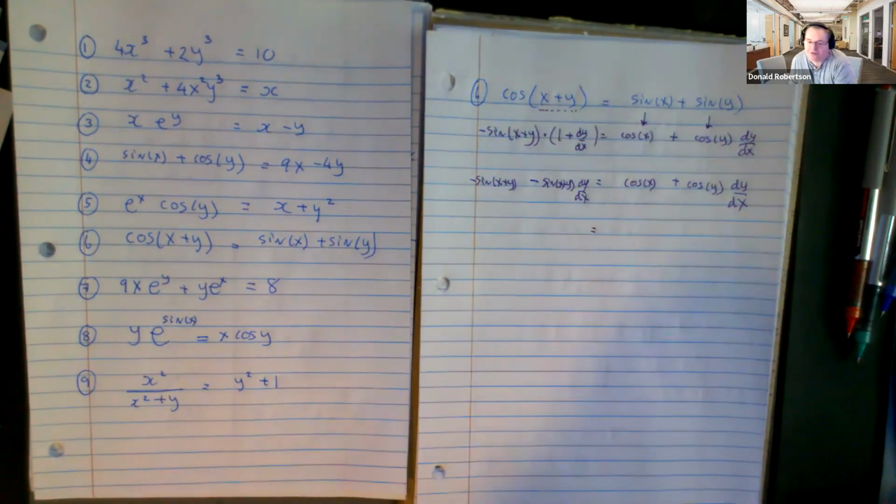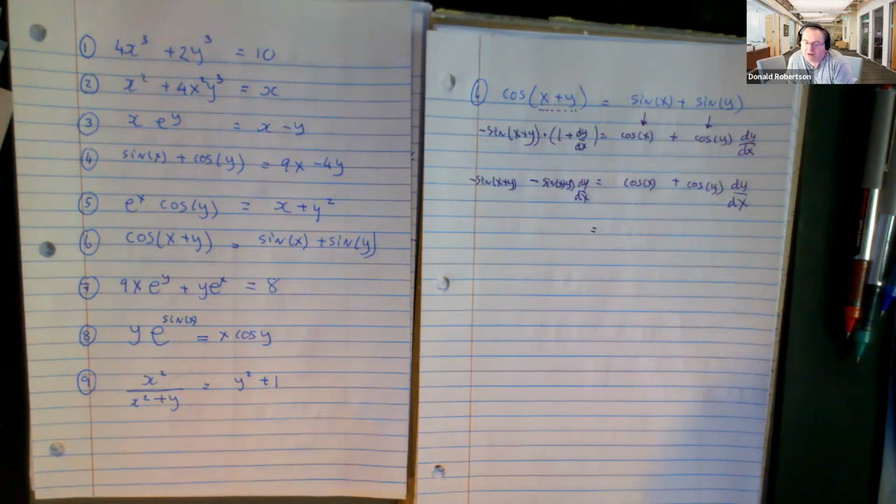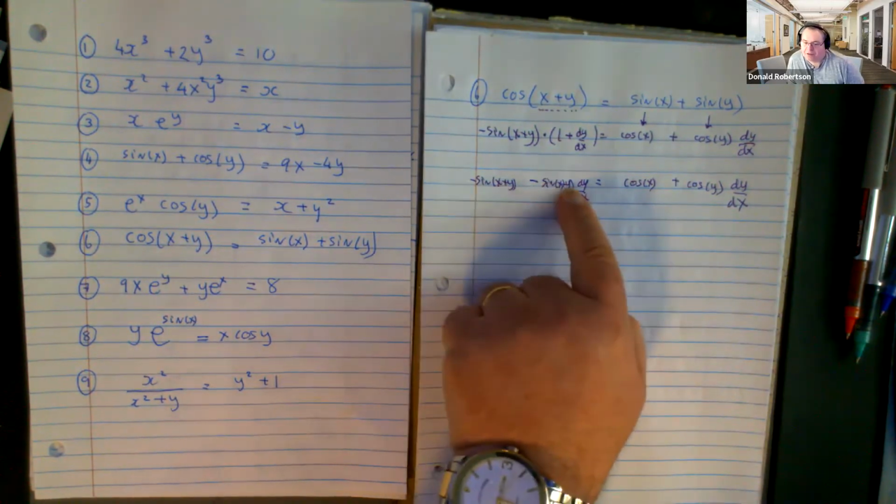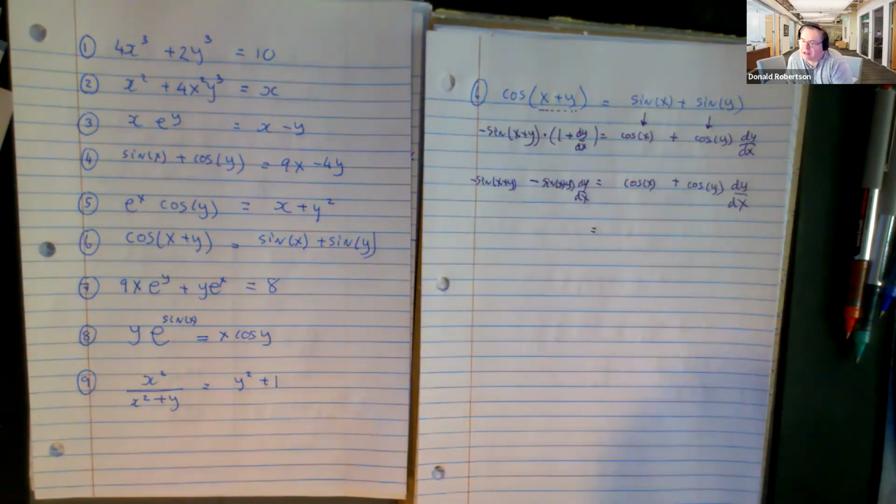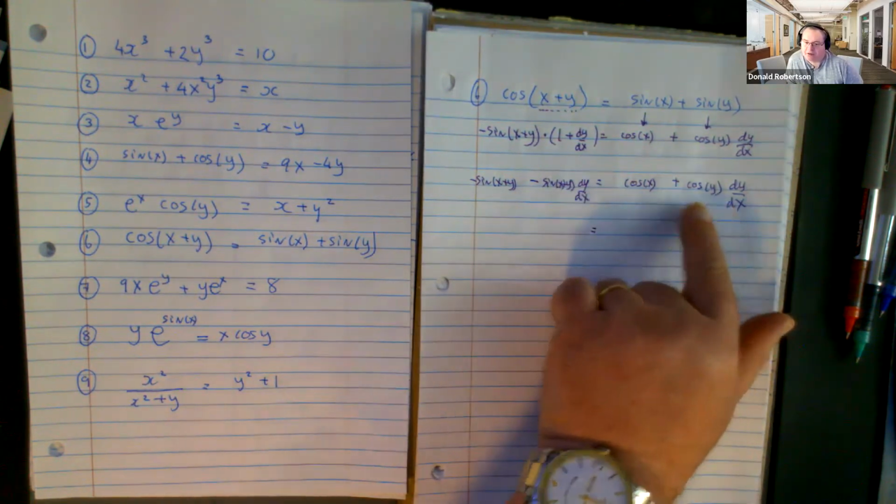Now we're at a place where we should be much more comfortable. Don't we have the kind of bits and pieces that we typically get? So as long as I do it to both sides, I'm going to get these together, right?